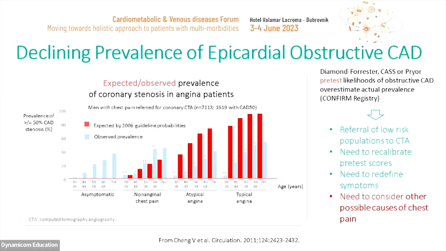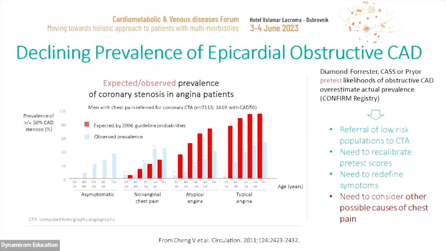These patients had symptoms, but they did not have epicardial obstructive disease. If anything, the less typical the symptoms here, the closer was the ratio between expected and observed. So this raised suspicions and also raised a few questions.